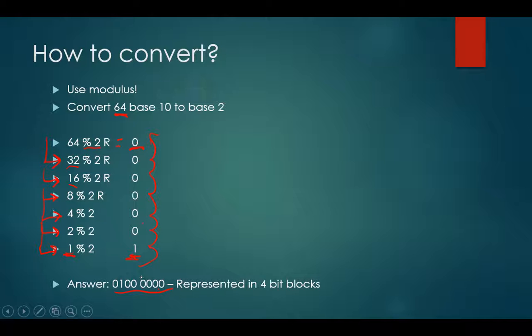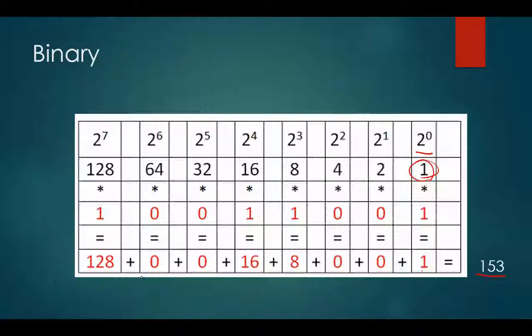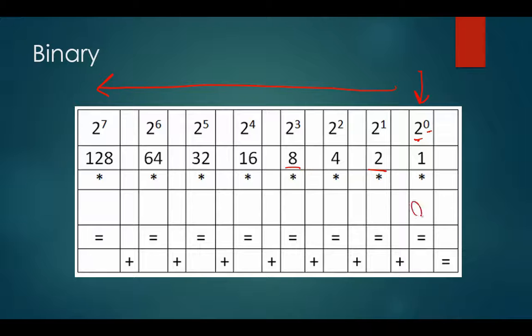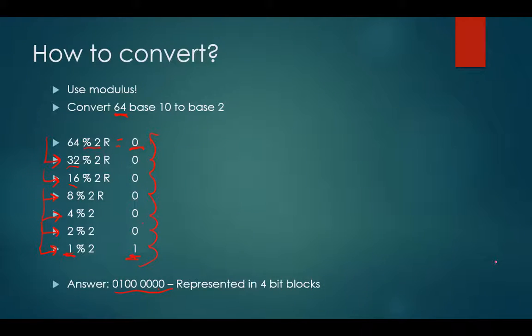So 6 zeros and then a 1. So 1, 2, 3, 4, 5, 6, and 1. And if we look up here, that's 64. So yeah, obviously our value is 64, so that's correct. So we solved that. We converted 64 into a binary number. We plug that binary number in our table, and we saw that it is 64. So we know that it works.